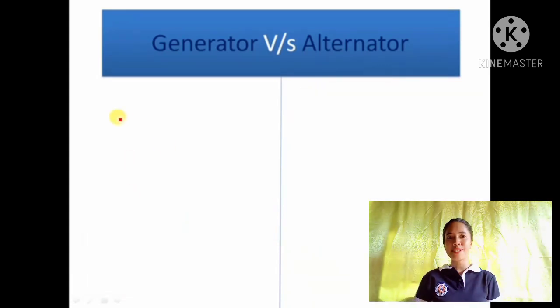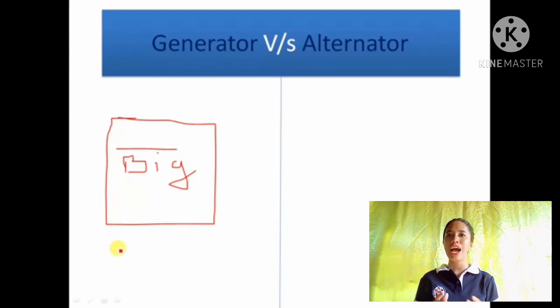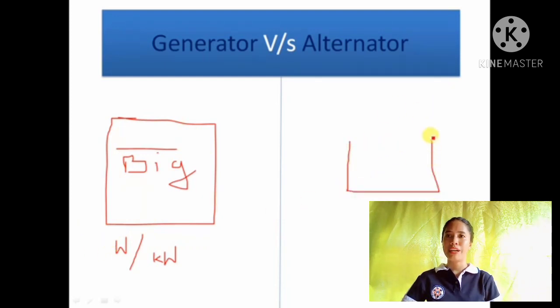The next difference is that a generator is bigger in size compared to an alternator. Another important thing is that it has a high weight per kilowatt output. That means the weight of the machine for 1 kilowatt output is much greater than that of an alternator.